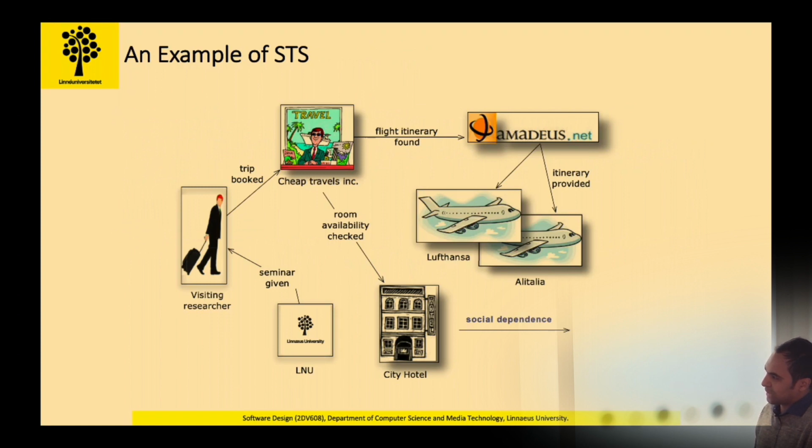This is a very simple example. I used the same example last year. LNU is asking a visiting researcher or teacher to give a seminar or a lecture, and asking for a seminar is a goal or objective for LNU. Then this visiting researcher talks to a travel agency for booking his trip. Booking the trip is another objective for the visiting researcher.